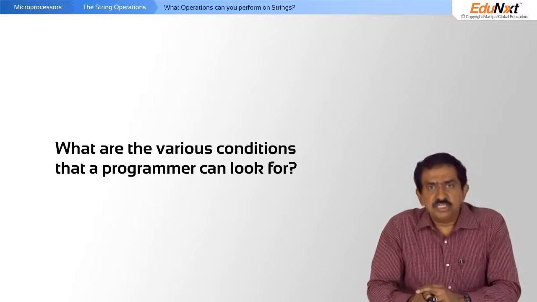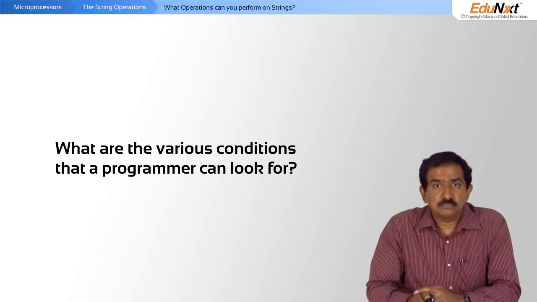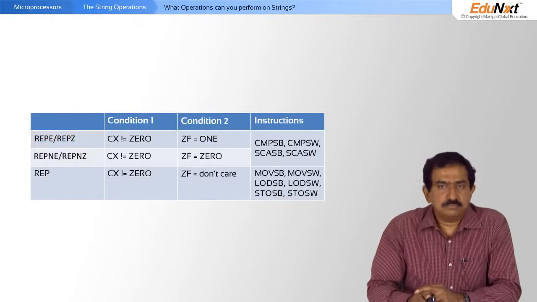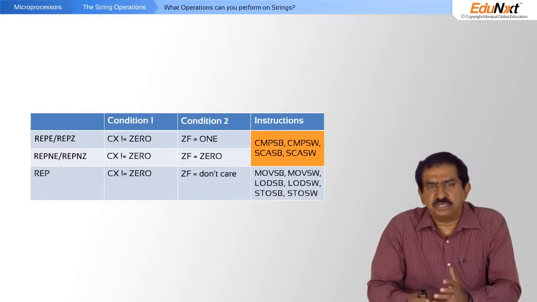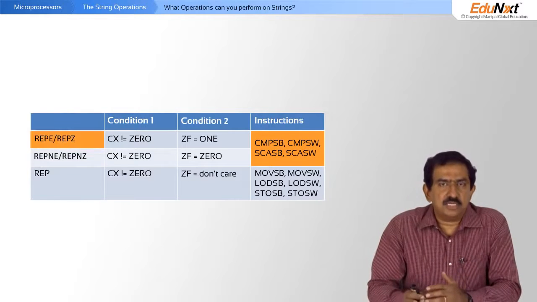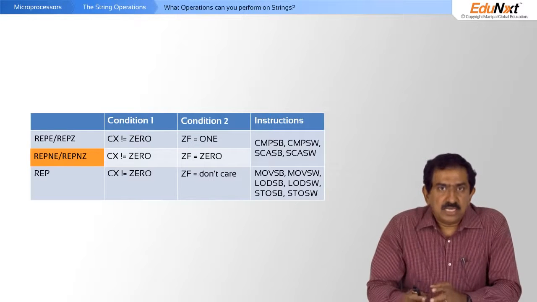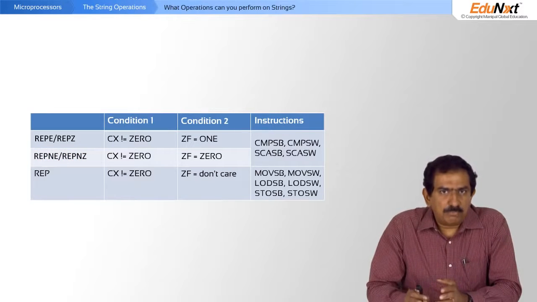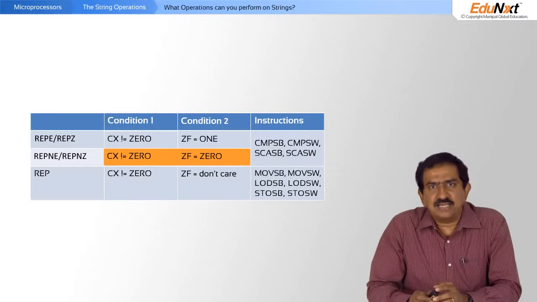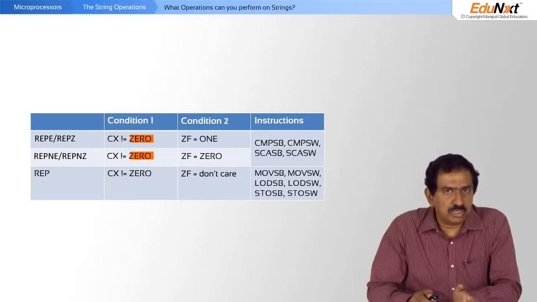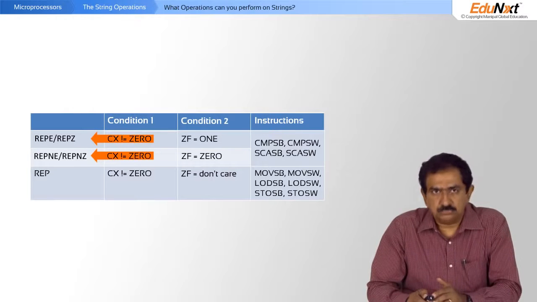So what are the various conditions that you as a programmer can look for? You've got REPE or REPZ, and the compare and the scan operations use REPE, REPZ, which is repeat while equal to zero, or REPNE, REPNZ, repeat while not equal to zero. This operation continues till the zero flag is reset or set, depending on whether you are comparing for zero or not zero.